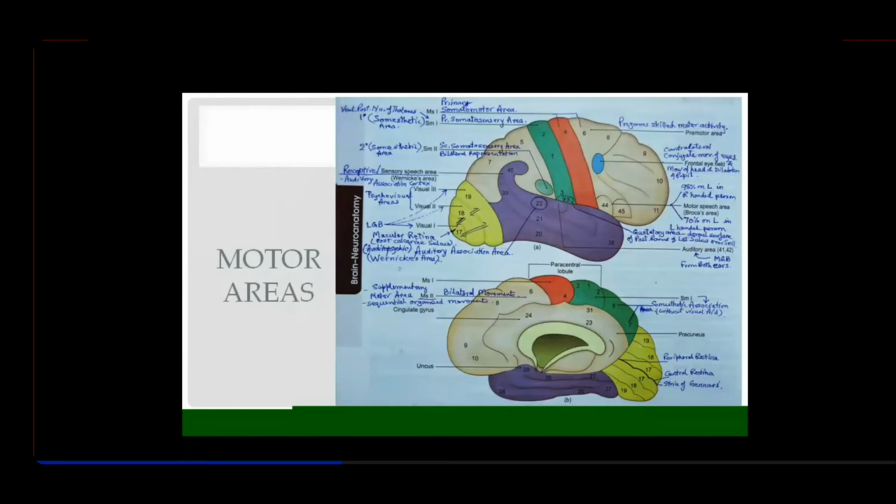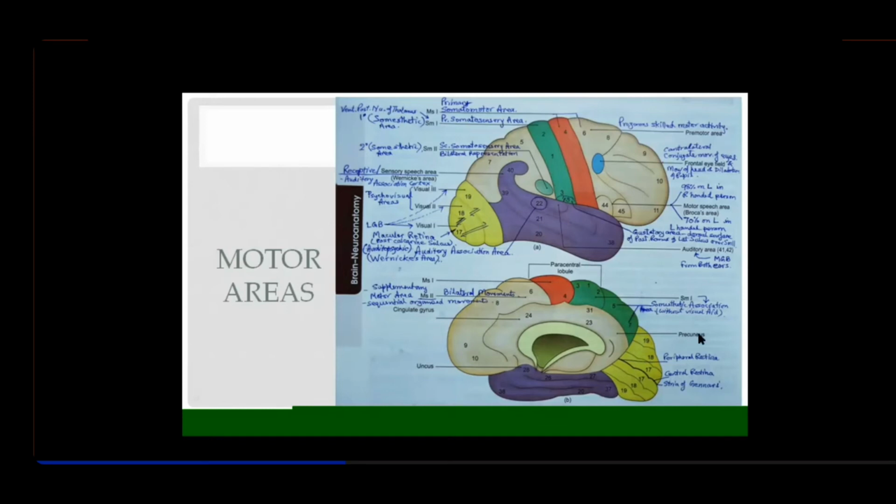Whatever you speak, there are different muscles involved, mainly the muscles of the lips, the tongue, the soft palate, and the larynx. These are the muscles involved in production of sound. So a lesion in Broca's area will lead to a defective voice. Simple expression of voice will get distorted.